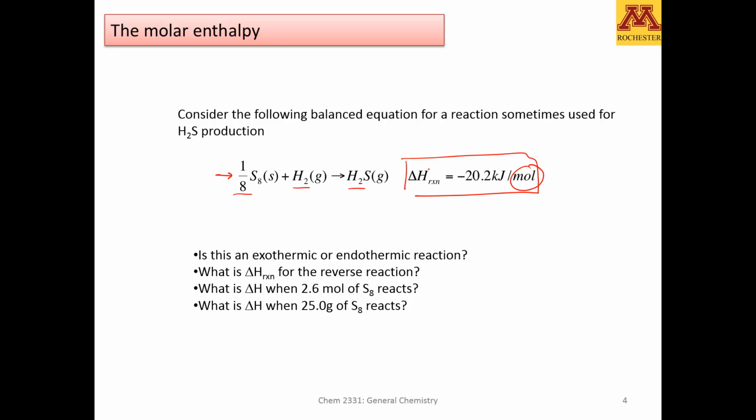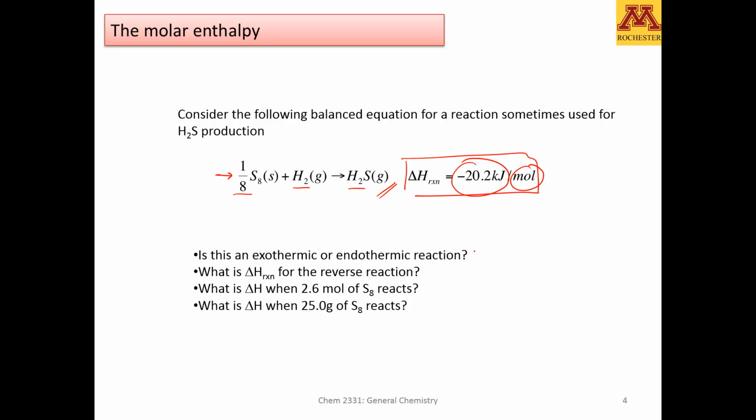The way this is written, it says that the reaction will give off this much energy. Why will it give off? Because it's negative. Remember from the previous slide, it's negative, therefore it will give off energy for each mole of any of the substances that has one in front. So in this case, for each mole of product.